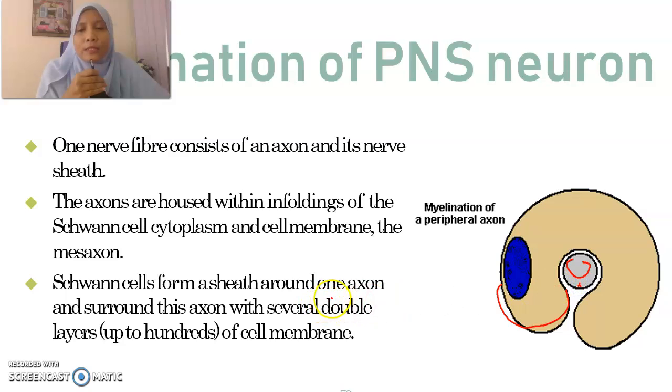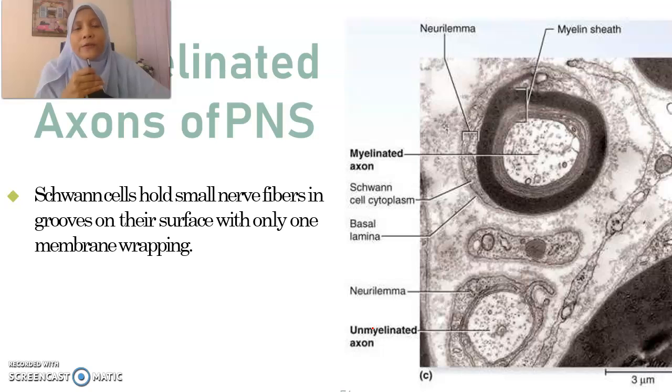So the Schwann cell forms a sheath around one axon and surrounds it with several double layers, up to 100 layers of cell membrane. Unmyelinated axons in the PNS also have a cover, but only one membrane wrapping. This membrane wrapping is called the neurolemma.